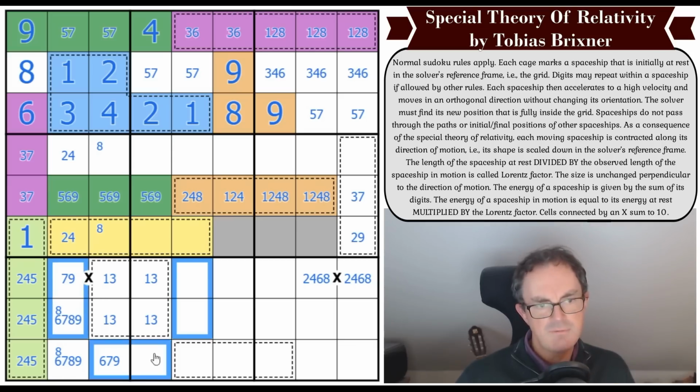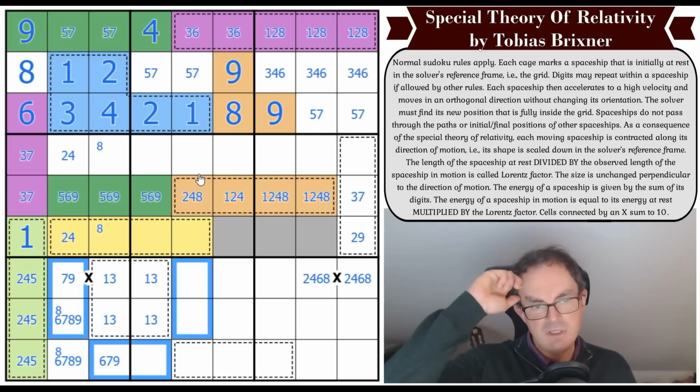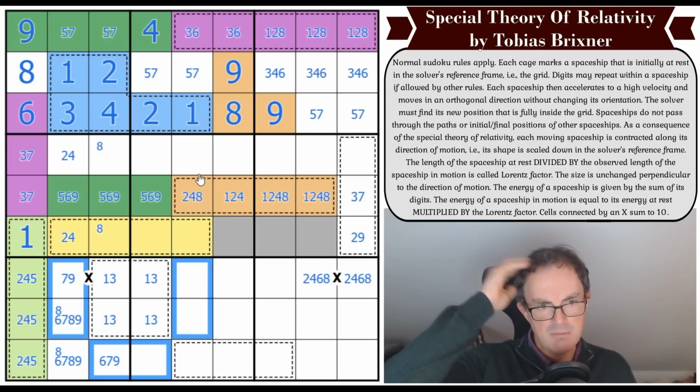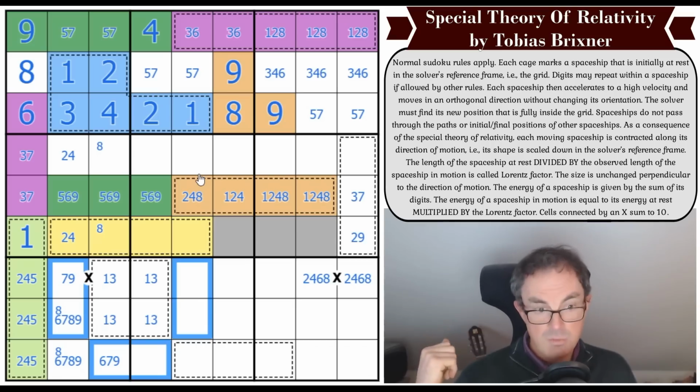So the final domino of 7, 9 ends up looking like that. Oh, and I do wonder whether there's one of those that's just, you know, illegal for some reason. I don't know.